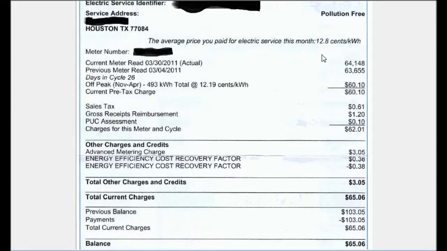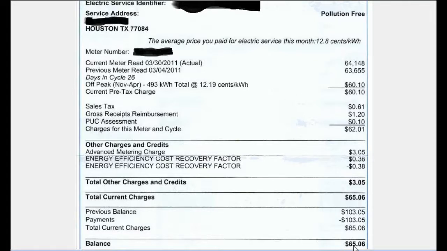And just for comparison, if you tie your figures into the chart, you need to realize that the price you paid for power may be a little different than what I paid, so there could be some variance. It's typically not much, not enough to get excited about, but I just wanted to point that out.